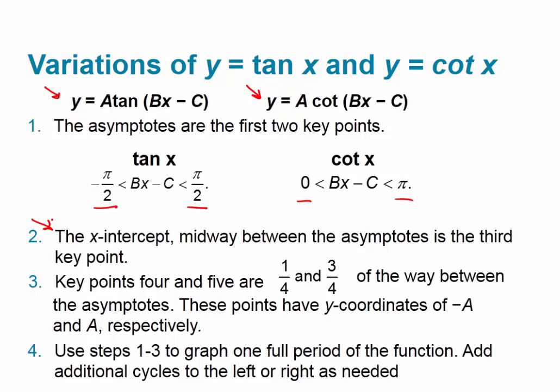The x-intercept is midway between the asymptotes, and then our key points 4 and 5 are 1/4 and 3/4 of the way between those asymptotes, and those coordinates have a y-coordinate value of -a and a. Talked about that a little bit in the last slide. All we do then is use steps 1 through 3 to graph one full period of either the tangent or cotangent, and then if we're asked to add another cycle, all we have to do is repeat that cycle again to get the second period.